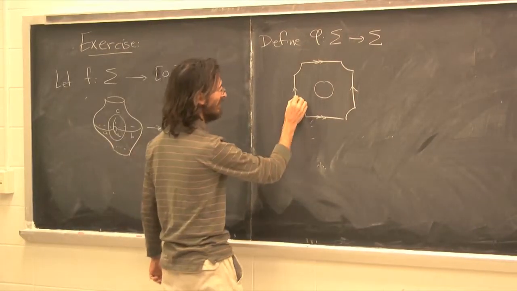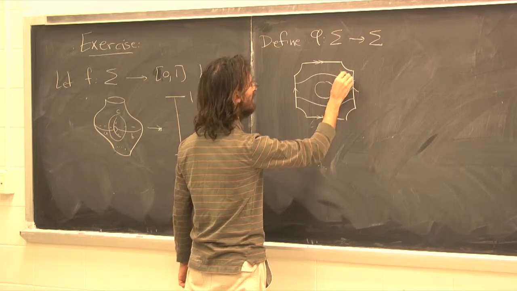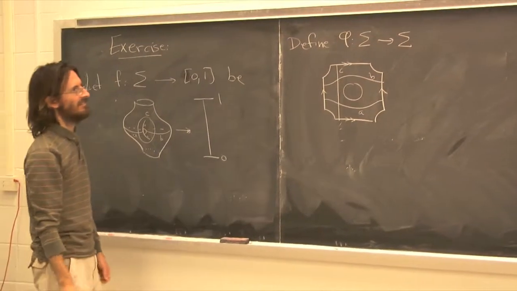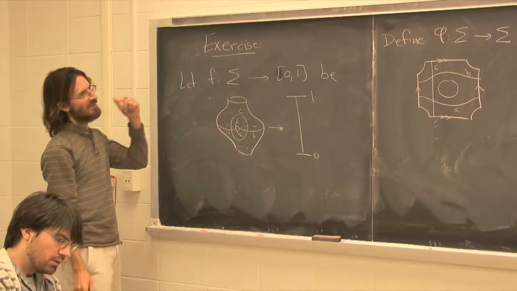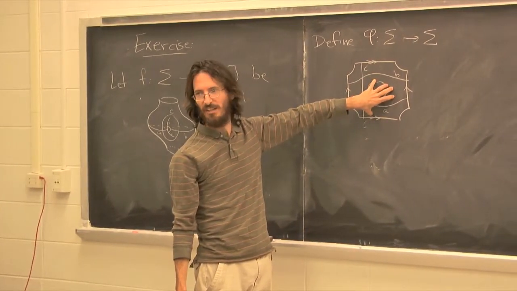I claim you do it so that, let's say, this is A, this is B, and this is C. Now, the phi I'm going to define from this is just take this picture and rotate it 90 degrees.